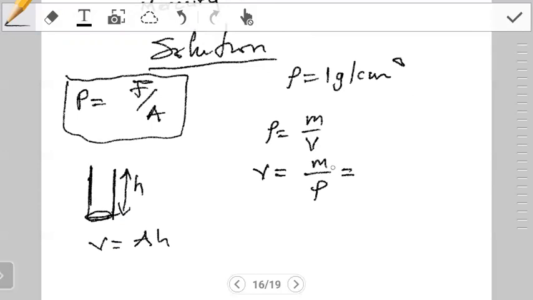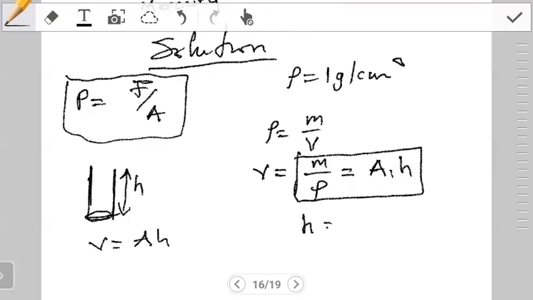So we can equate this to the cross-sectional area A1 times the height. Since we know the area A1, the mass, and the density, we only have to write this equation in terms of h.